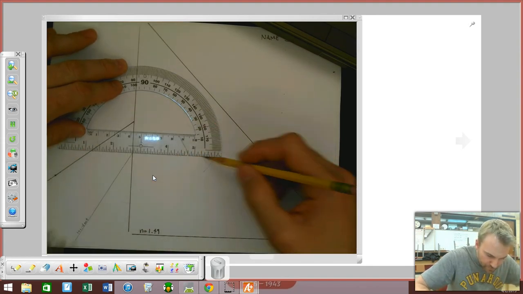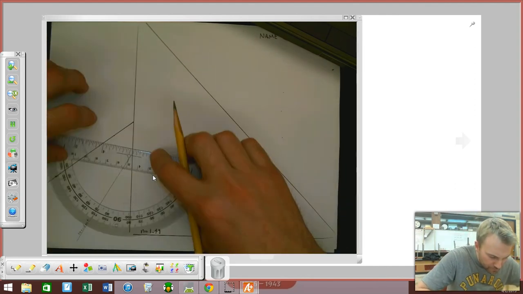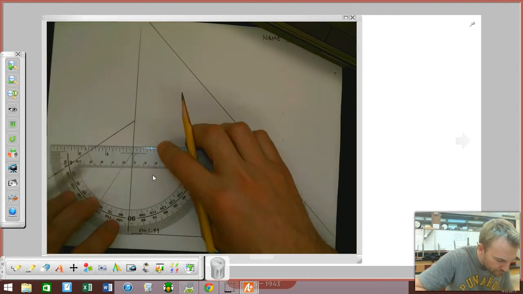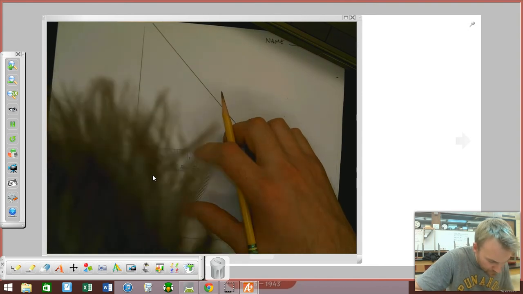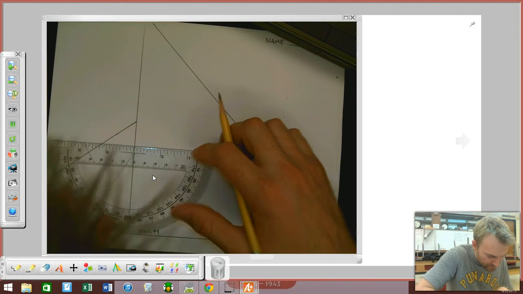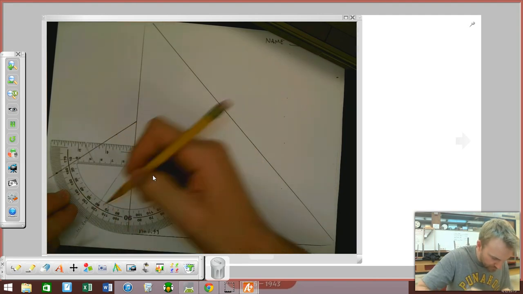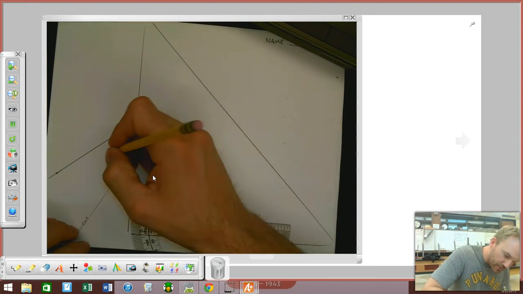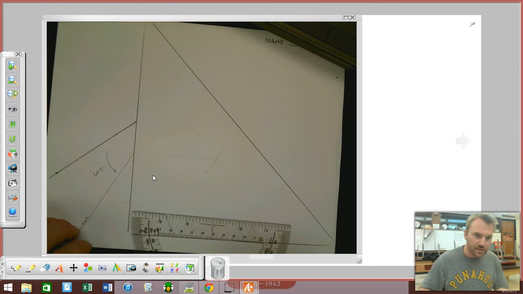So here's my normal. So I'm going to measure this angle. And this angle comes out to be 60.5 degrees. So it's on this side of the normal, and it's 60.5 degrees.